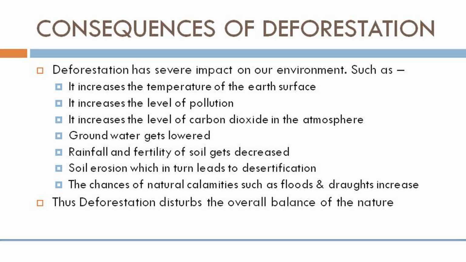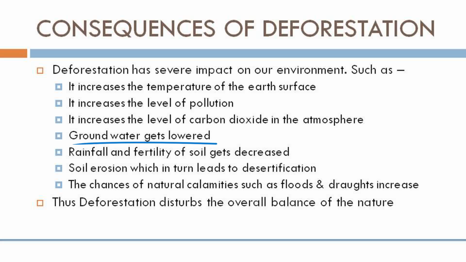Deforestation has a severe impact on our environment. It can lead to increased temperature of the earth's surface and an increased level of pollution. It may also increase the level of carbon dioxide in the atmosphere, which in turn will lead to the global warming effect. The groundwater also gets lowered in the areas of deforestation.